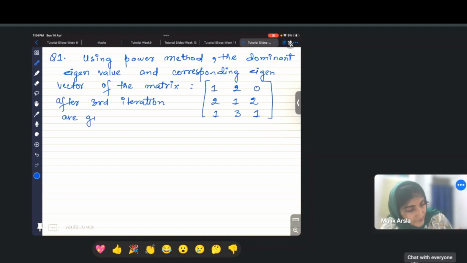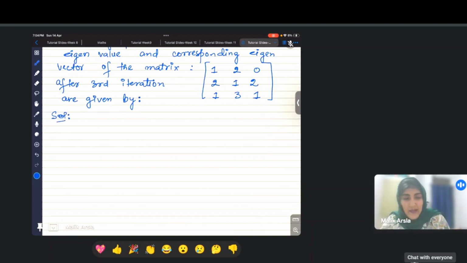So basically you have to use the power method to find the dominant eigenvalue and the corresponding eigenvector, but the number of iterations has already been specified: we have to go up to 3 iterations only. Okay.